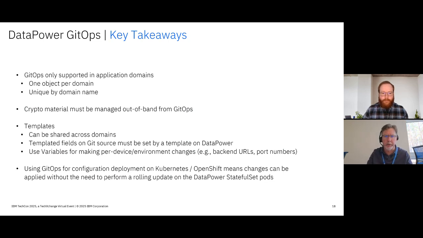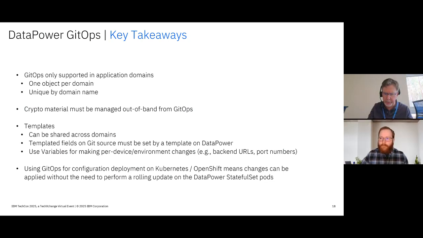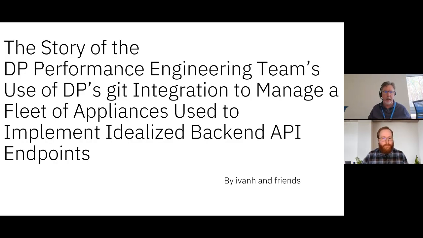Okay, thank you, Aiden. Let's see, next slide. By way of introduction, what we're about to give is a demo of the GitOps integration as used by the DataPower engineering performance team. As you can imagine, doing performance work, we have a lot of appliances in various form factors.